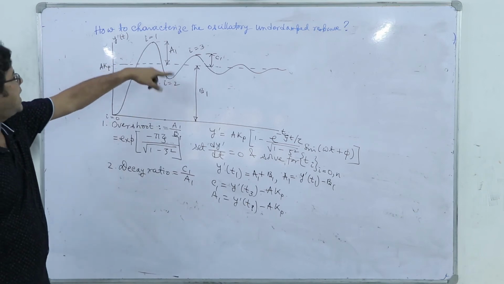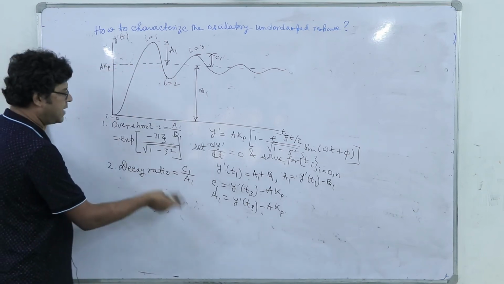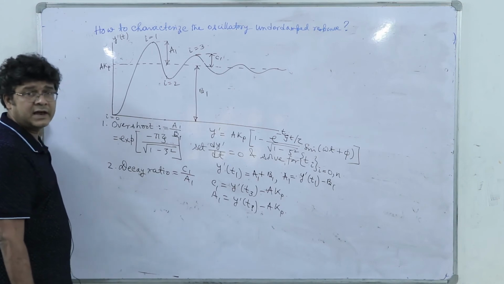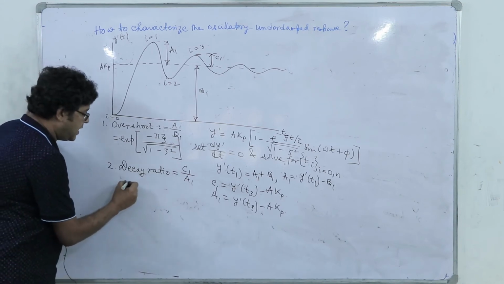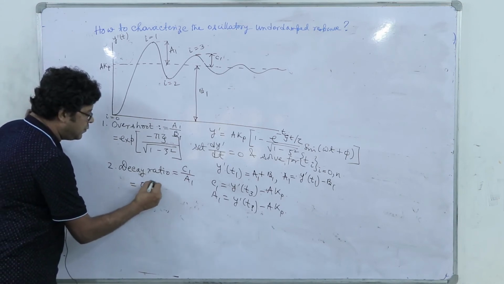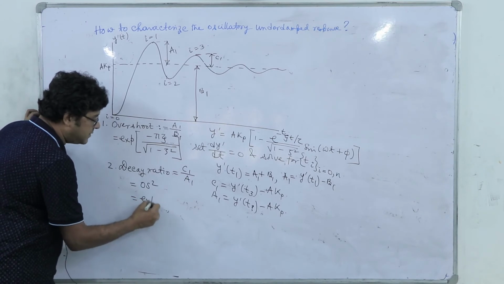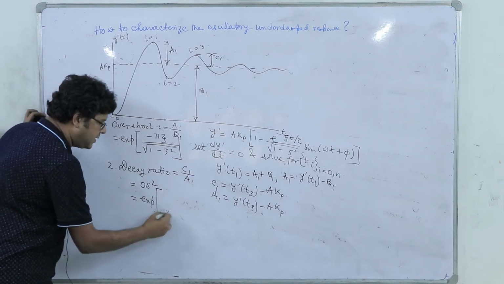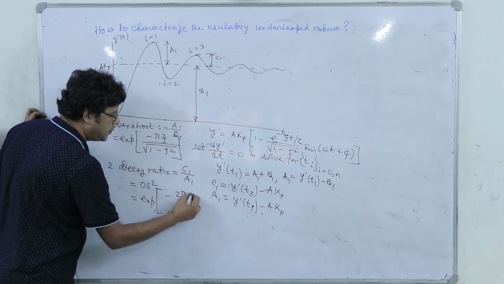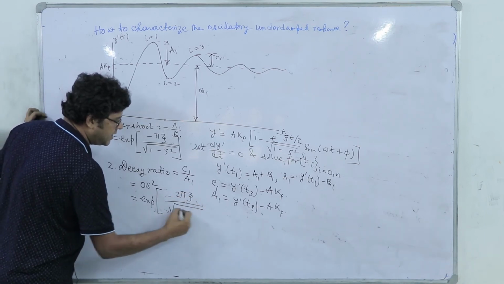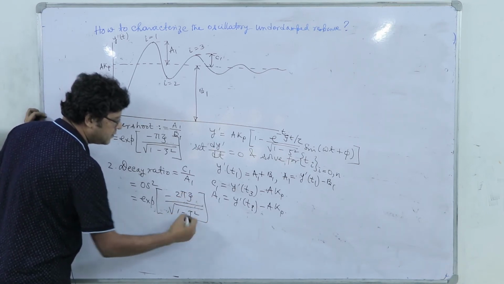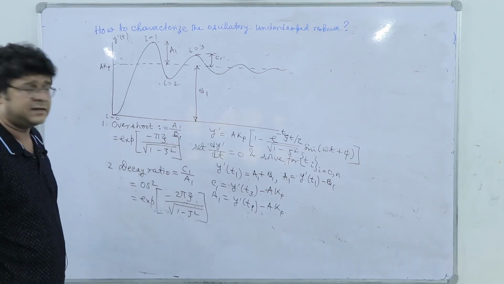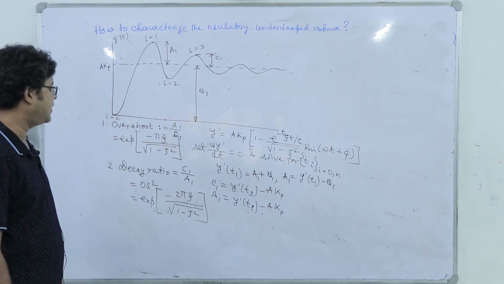So, C1 and A1 we can find out and substitute back, and we will get the decay ratio. Technically we will get it as the square of the overshoot. If we do this exactly, we get the exponential of minus 2 pi zeta divided by under root of 1 minus zeta square. In the handout this minus sign is missing, please get it rectified.